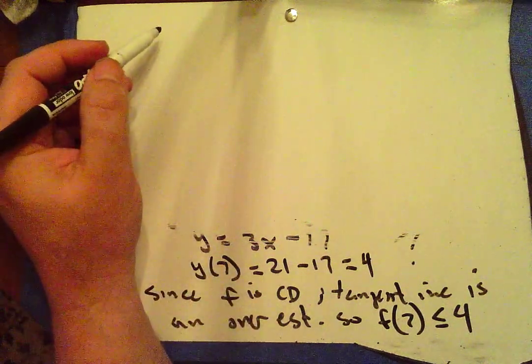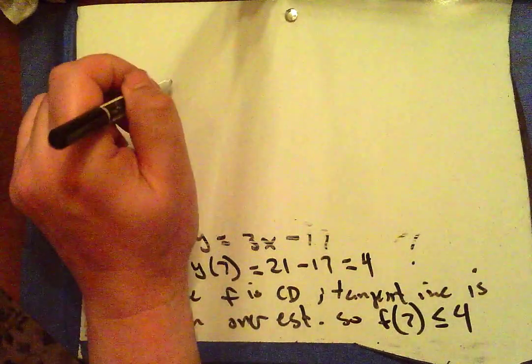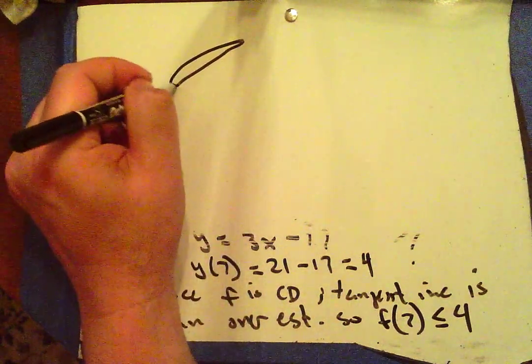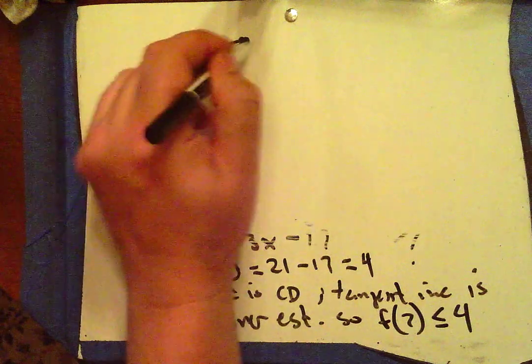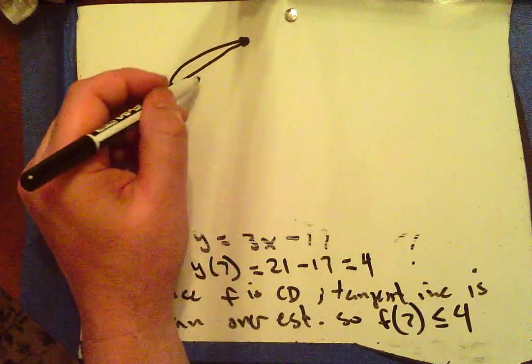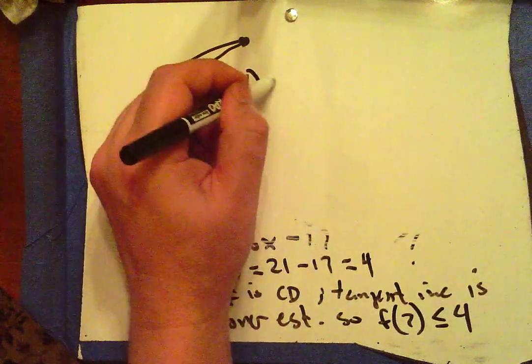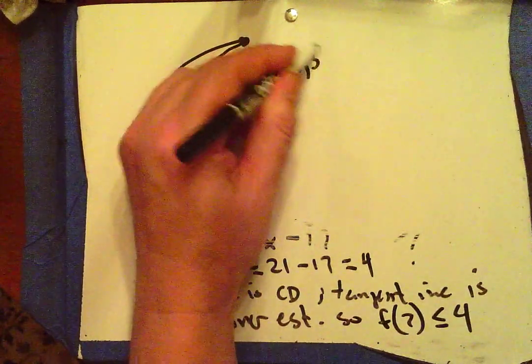So the secant line from 5 to 8, the secant line is this line. And that is the line between those 2 points, and those 2 points are 5, negative 2, and 8, 3.